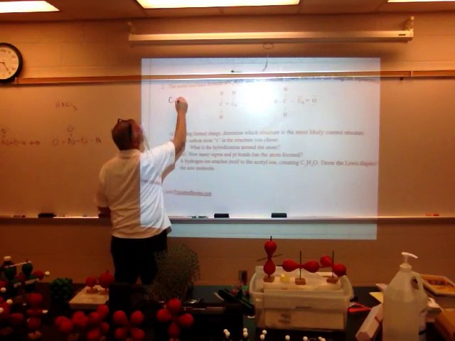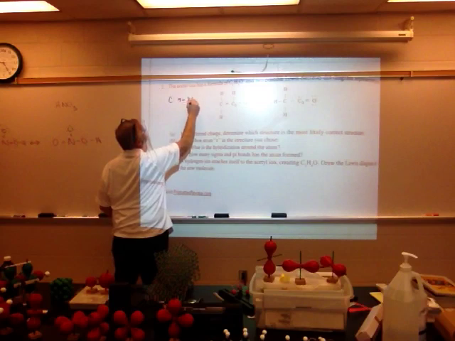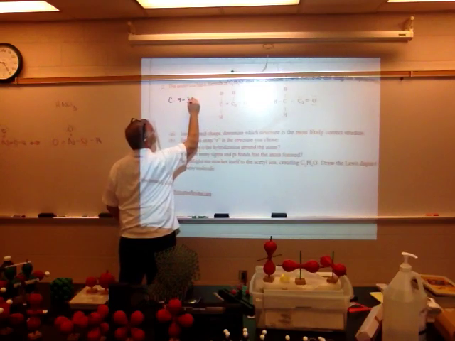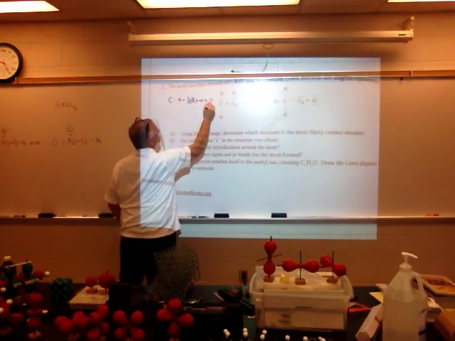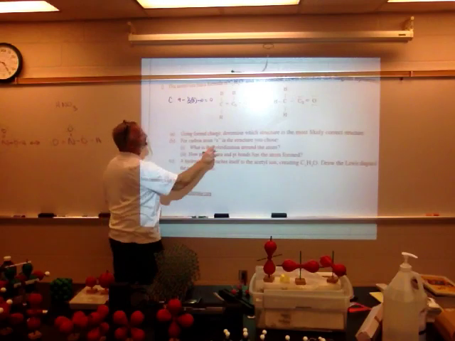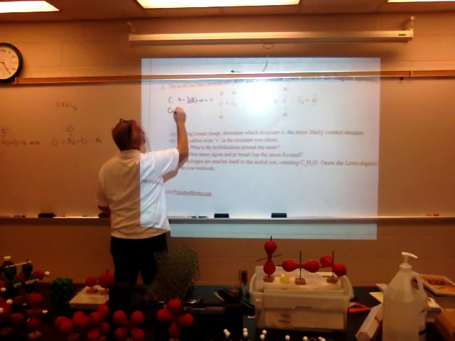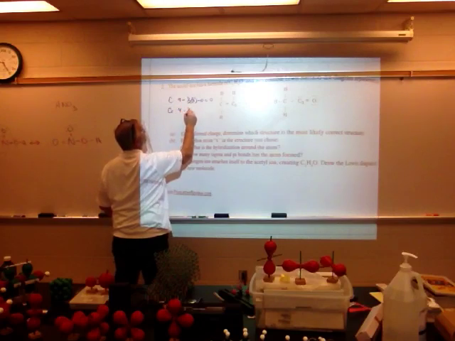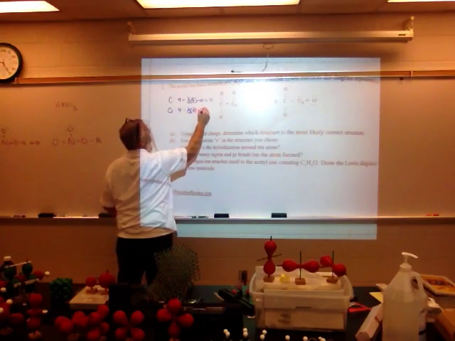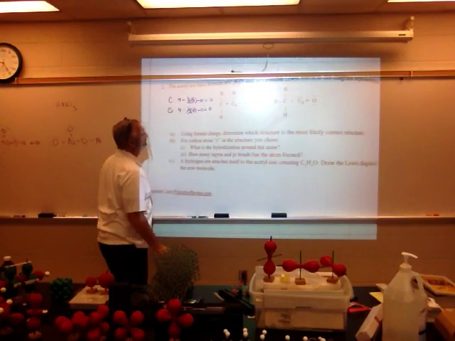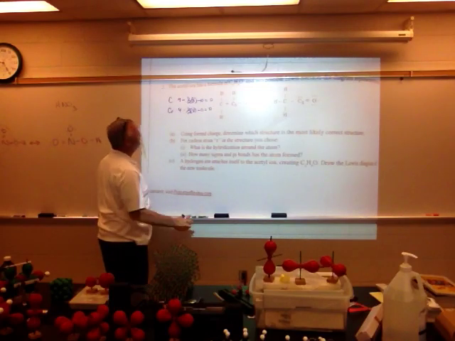It's going to be 4 minus 1/2 of 8 minus 0, which is equal to 0, right? This carbon, 4 minus 1/2 of 8 minus 0 is still 0. The hydrogens are almost always 0.